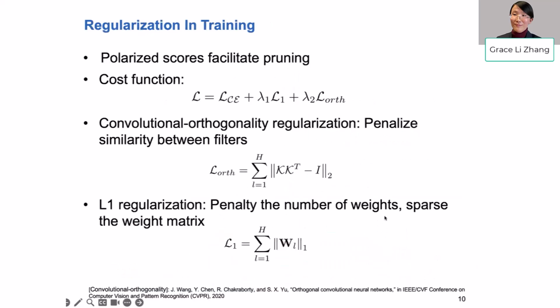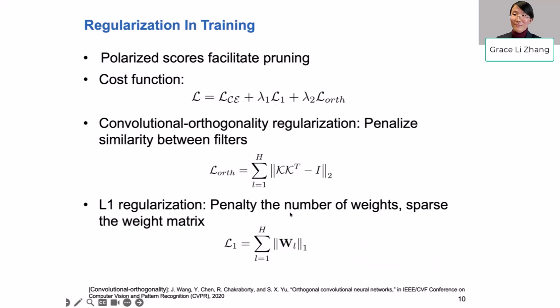But to take advantage of this class-aware pruning, we hope that during training, we are already pruning those neurons or filters that are not important for many classes, so we change the cost function by adding some penalties. We add a penalty called L1 regularization.